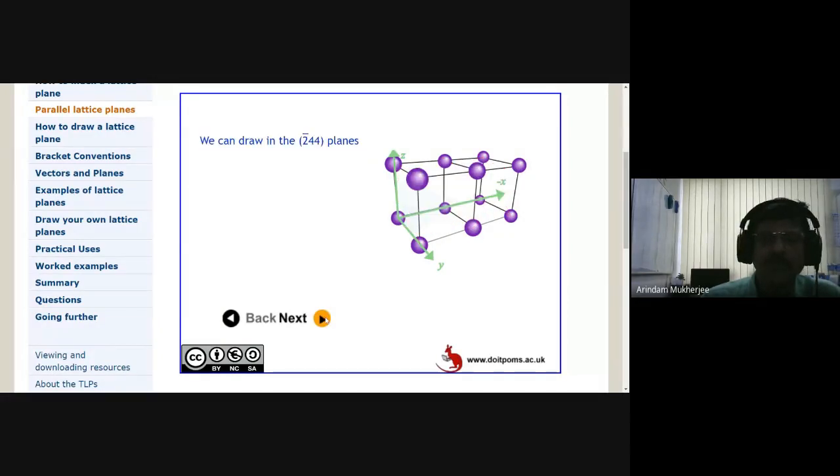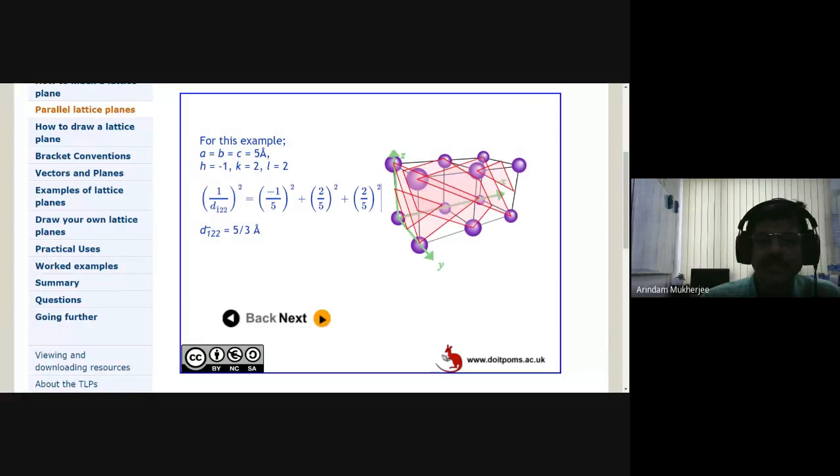So this way you found out that you can find the distance between the HKL planes using that equation. What was that?